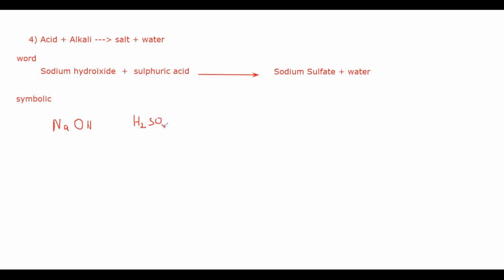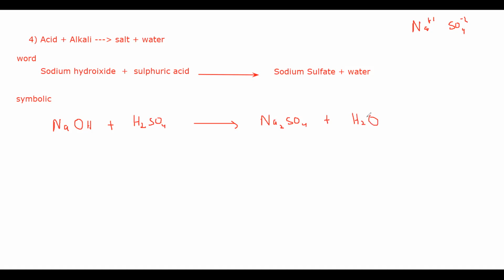This results in a formation of sodium sulfate. So how to work out the formula for sodium sulfate? Sodium belongs to group 1, so it's +1, and sulfate is a molecular ion with a charge of -2. So the formula for sodium sulfate will be Na2SO4 plus water, so H2O.